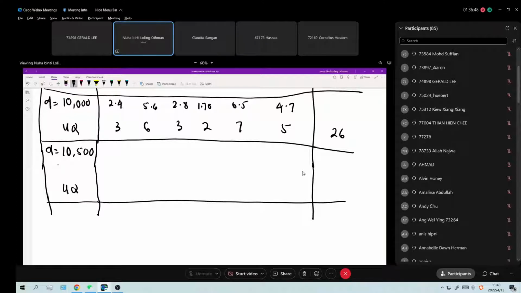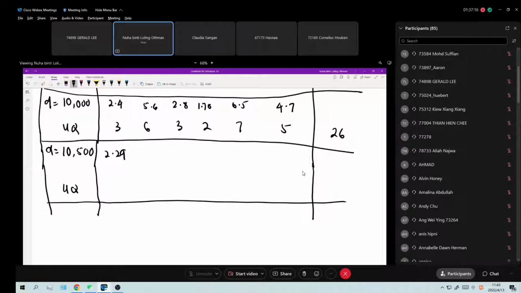So you know that you have 24K divided by 10,500, this will give you 2.2857, let's round it to 2.29.